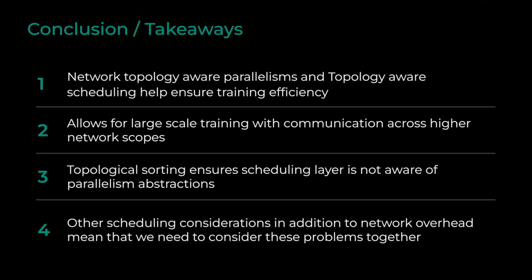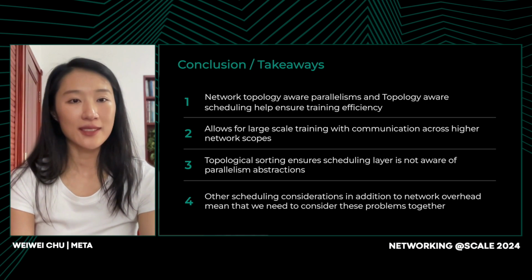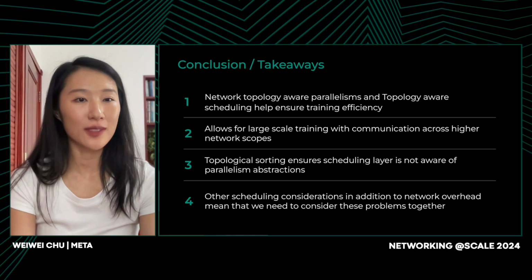Also, this consideration allows for large-scale training with communication across higher network scopes. Topological sorting ensures the scheduling layer is not aware of parallelism abstractions. And lastly, other scheduling considerations in addition to network overhead mean that we need to consider these problems together. That's all for this talk.